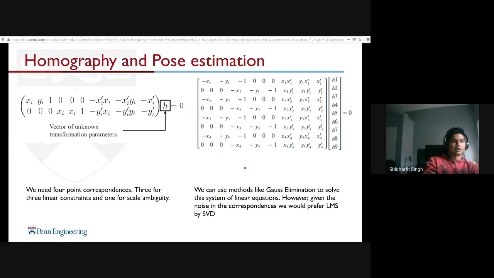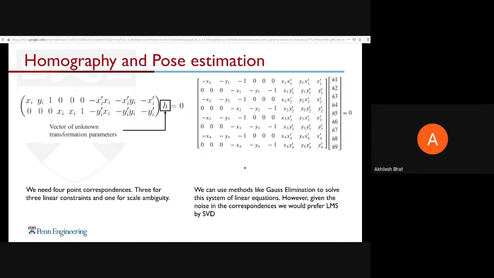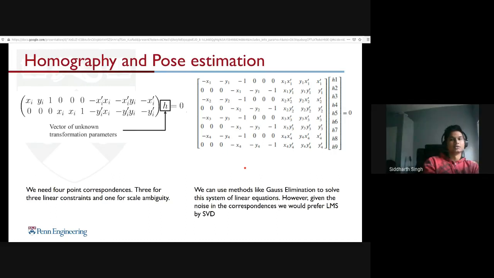There might be outliers or points which may not exactly match the point which we have. Simply put, we could have picked just 4 points, but who's to say that the correspondence is exact?